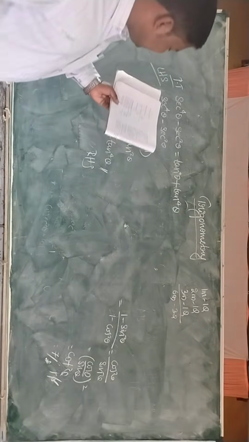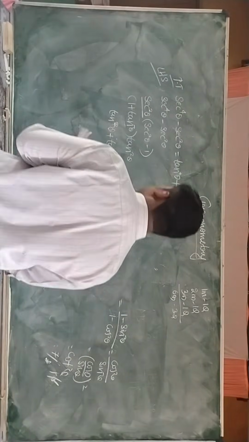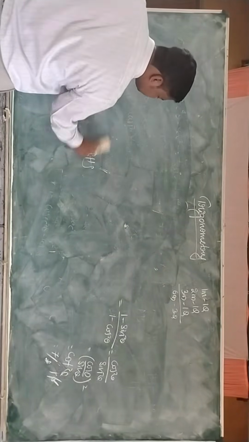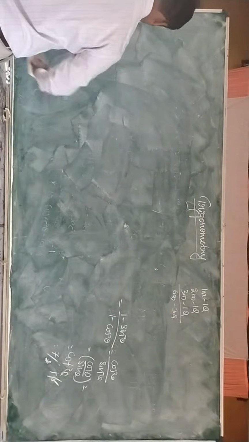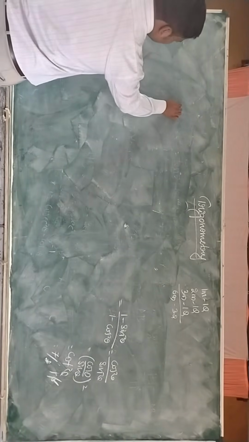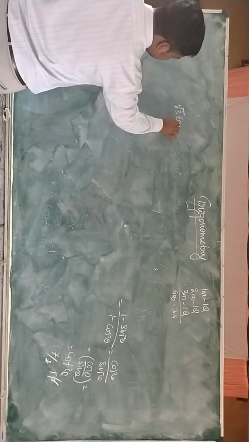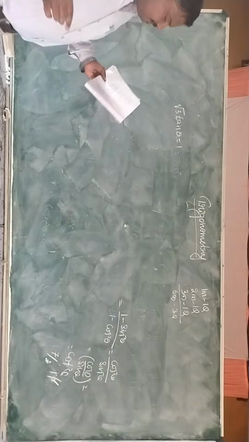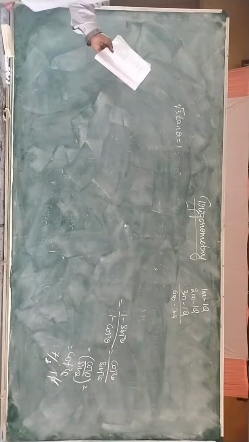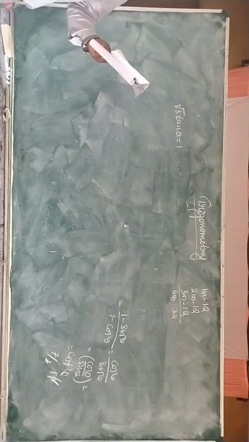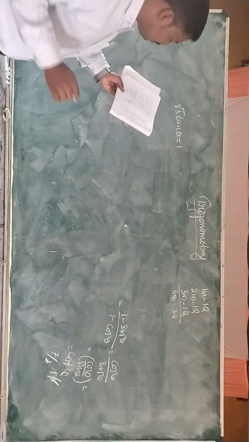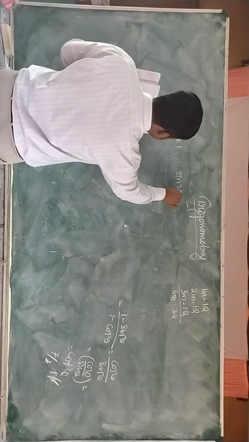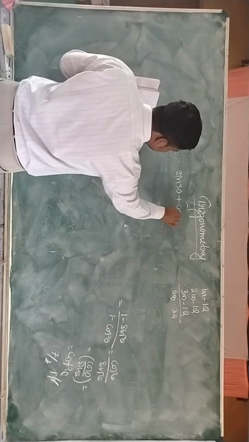If root 3 times tan theta is equal to 1 and theta is an acute angle, find the value of sine 3 theta plus cos 2 theta.